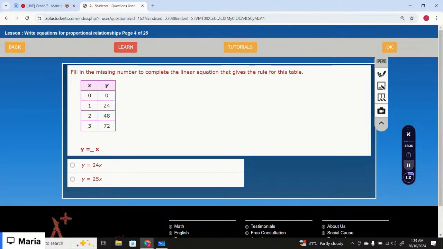Fill in the missing number to complete the linear equation that gives the rule for this table. So which is the correct option?